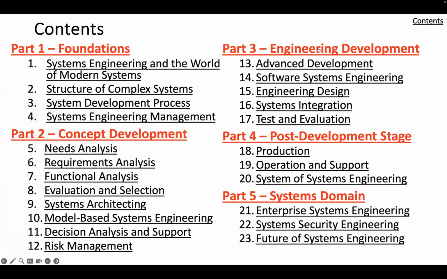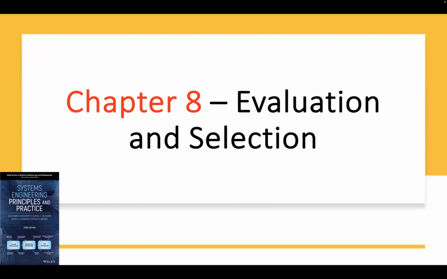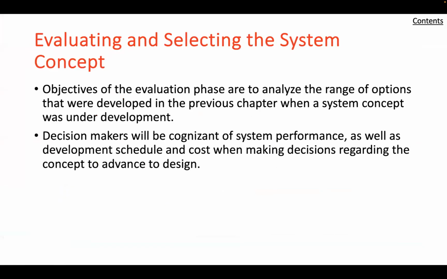Then we get into the engineering development, and then we do the operational and the deployment of the system. For this lecture, we're going to be getting the information from the functional analysis and now getting into the evaluation and selection process. So let's go ahead and get started.